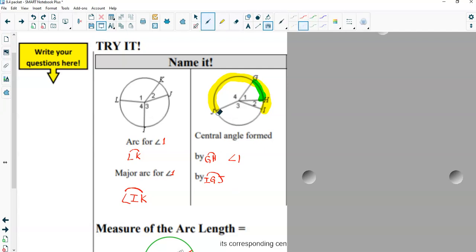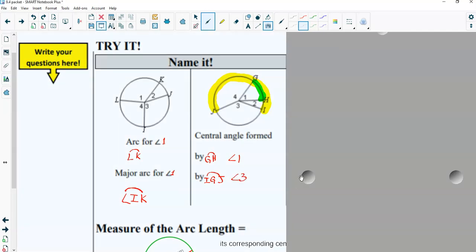It's this one right here, because its minor arc would be IJ or JI, so the major arc is IGJ, so it's where it started and where it ended. So if you want to know what angle it contends, then notice these two right here. So that would be angle 3, okay? Alrighty.